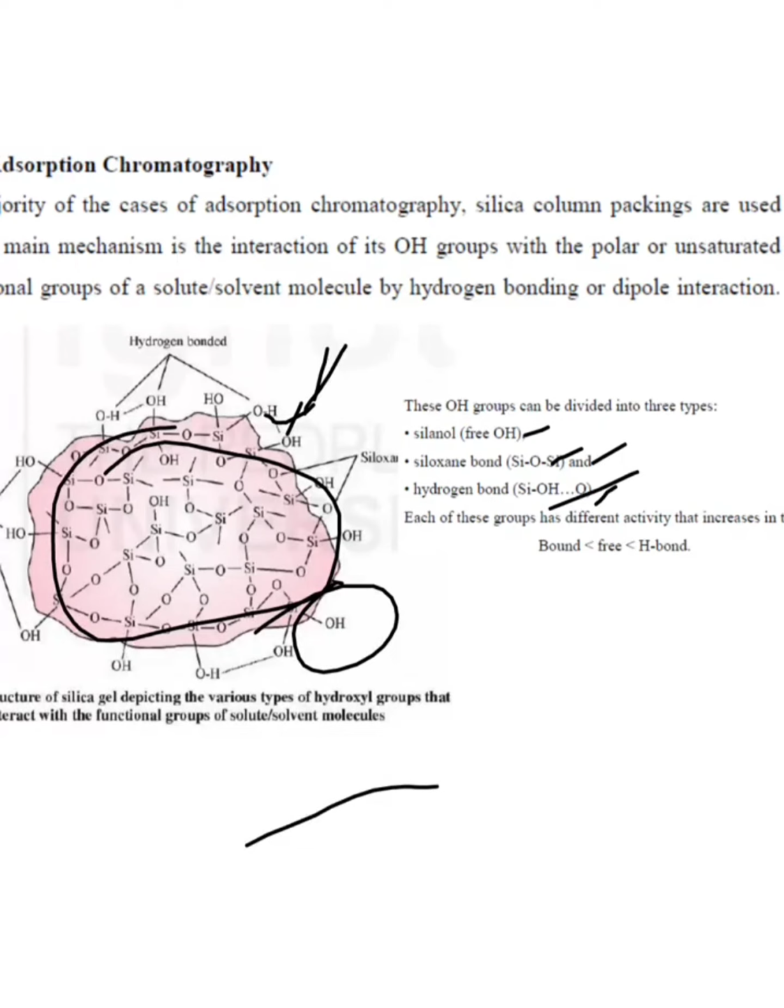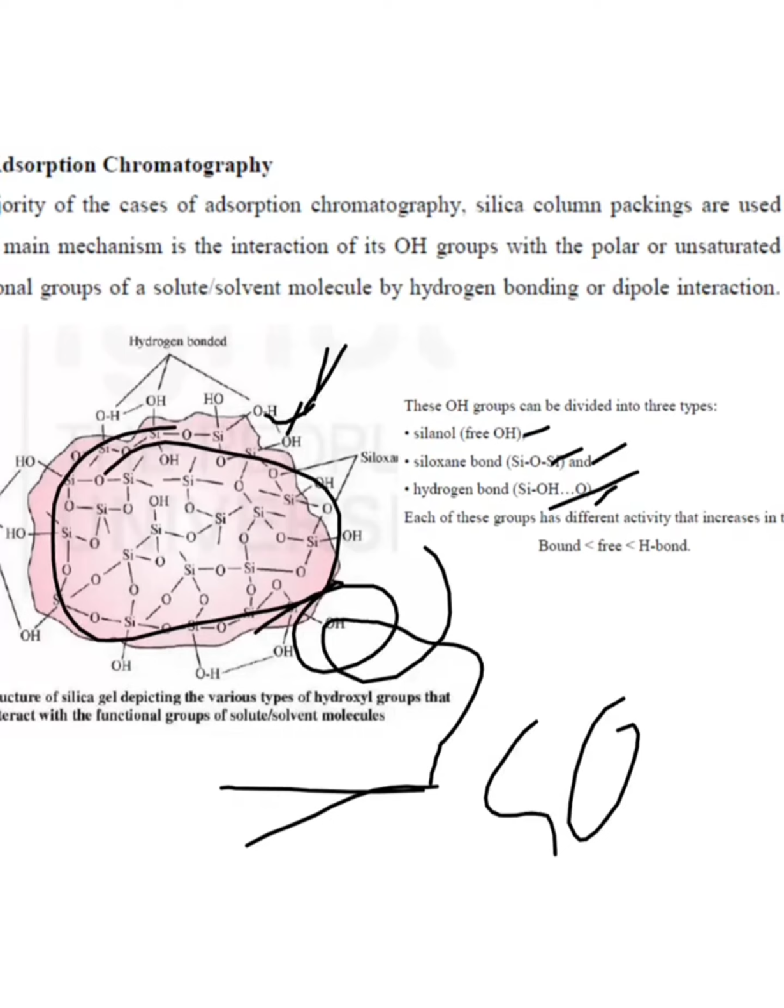If the sample has a functional group, it can interact with the hydroxyl group and it can be separated. So it depends on the functional group. Further, for compounds of low to moderate polarity, adsorption chromatography makes possible the separation of complex mixtures also.